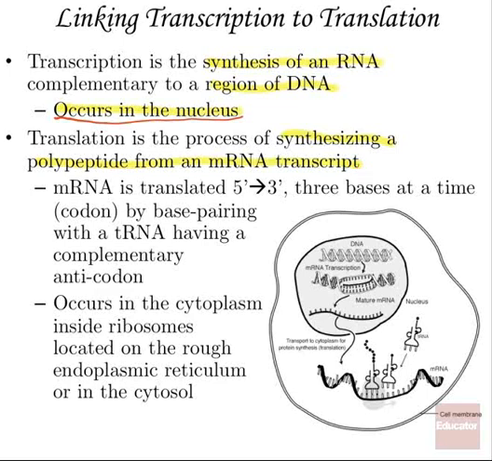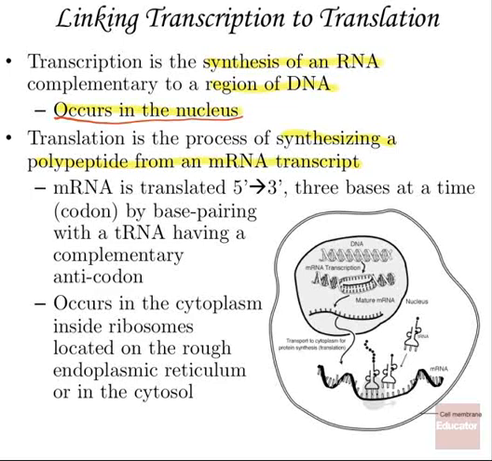All right, so we have our mRNA being translated in a 5' to 3' direction, just as if we were talking about DNA synthesis happening in a 5' to 3', meaning the next base is added to the 3' end. Okay, so mRNA is translated 5' to 3', 3 bases at a time.